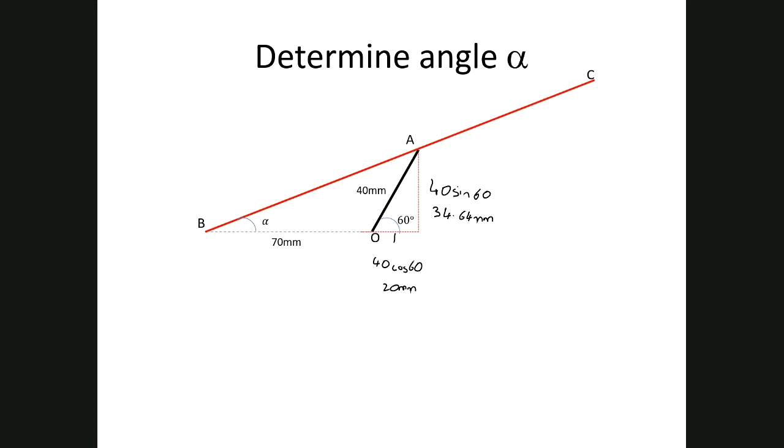Now if we look at this logically, we have a right angled triangle where that is 34.64, that is 90 because we have 70 here plus 20 here to make 90 in total.